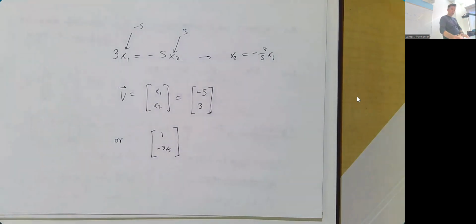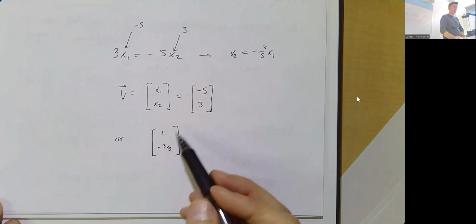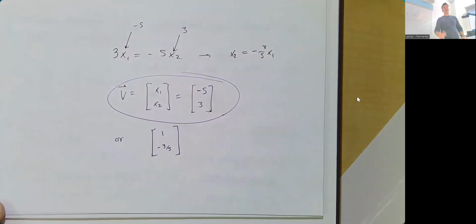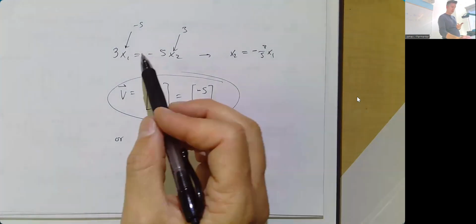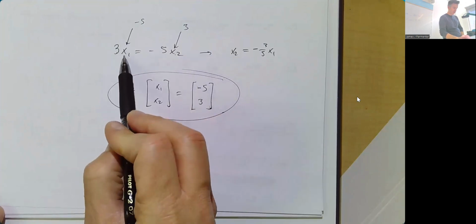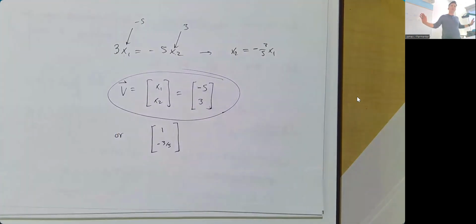Yeah, because these are for sure multiples of each other. But this is the easier choice. This is the preferred choice because we don't have any fractions. So that's what we're usually doing when we get to this stage. Just let x2 be that number, let x1 be that number, and you're good to go. It works every time. It's less nice when the numbers are not integers, but it still works every time.